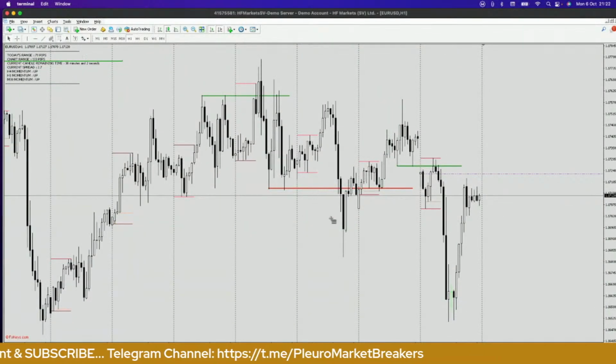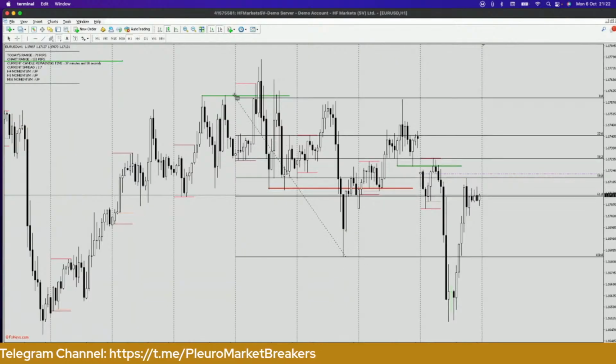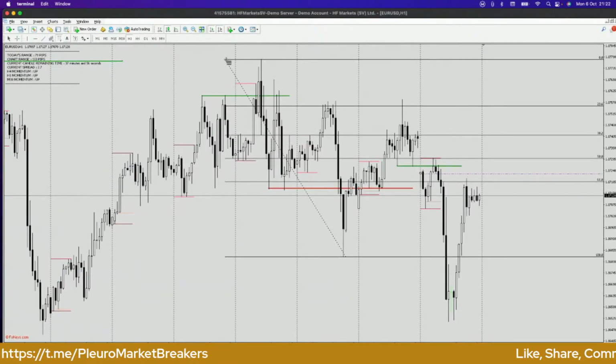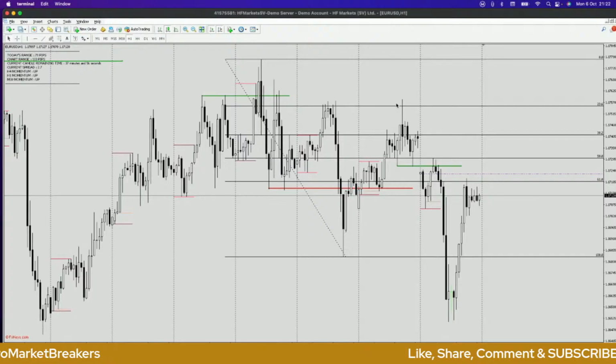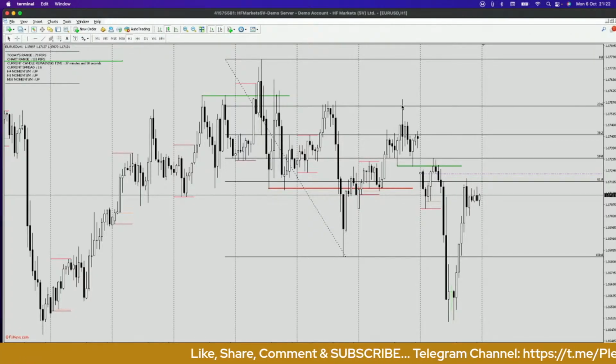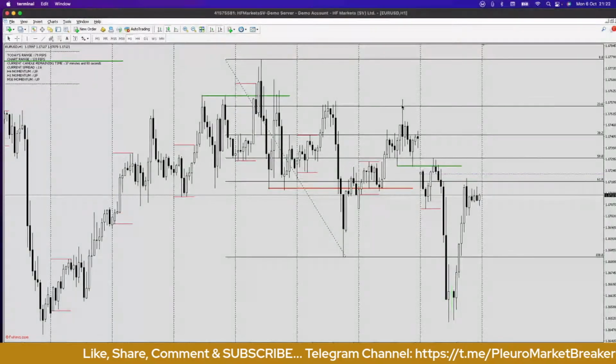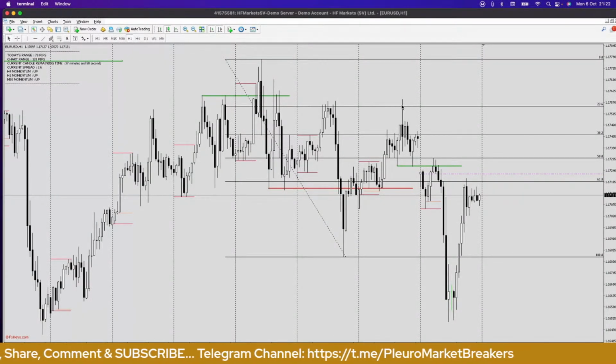Well, if I'm looking for a sell, get my Fibonacci out. Isn't this a perfect Fibonacci? 23.6, 70 something, right? Now I need a confirmation.